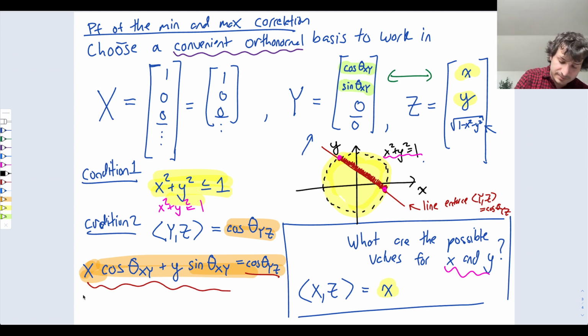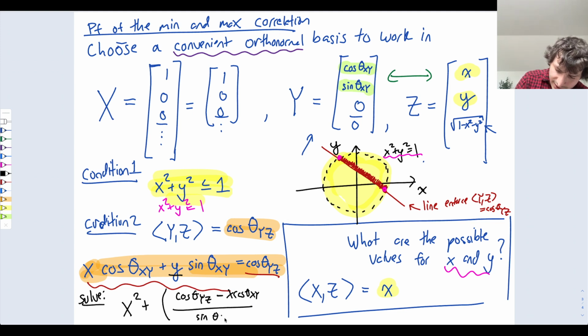So you solve, and the equation you get, writing everything in terms of x, is x squared plus (cosine of theta yz minus x times the cosine of theta xy, all divided by the sine of theta xy) squared equals 1.